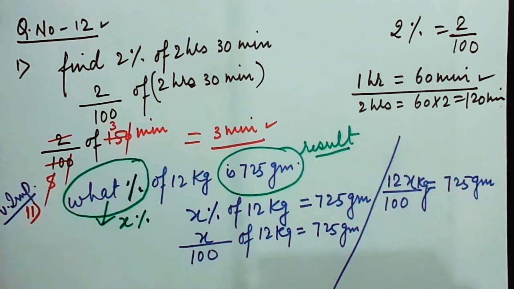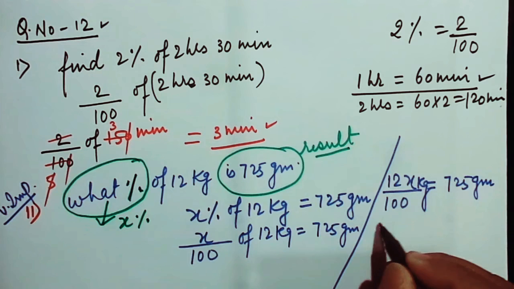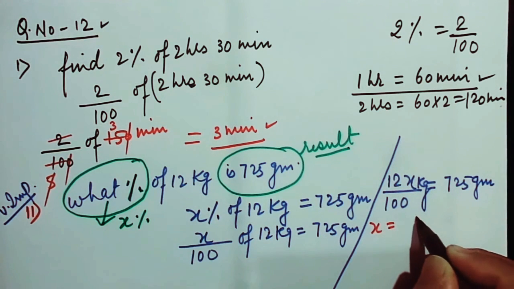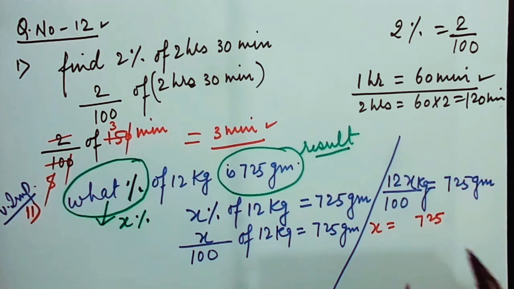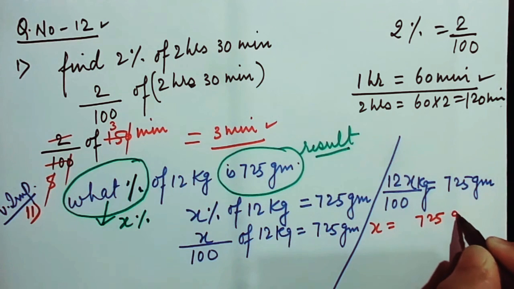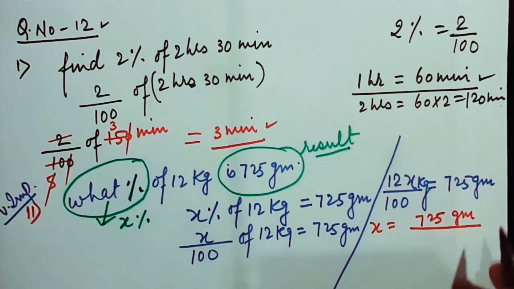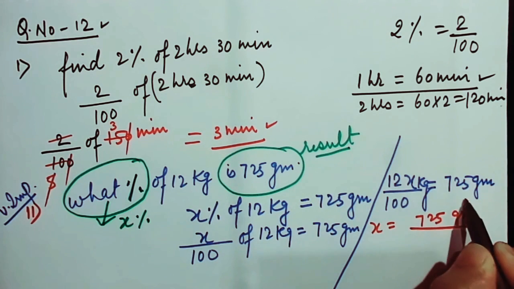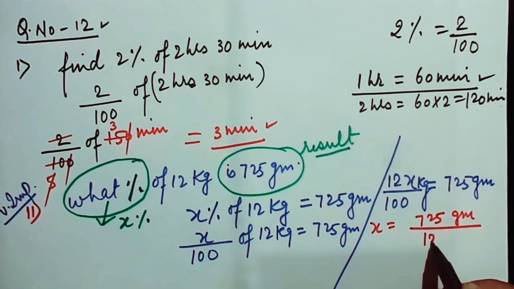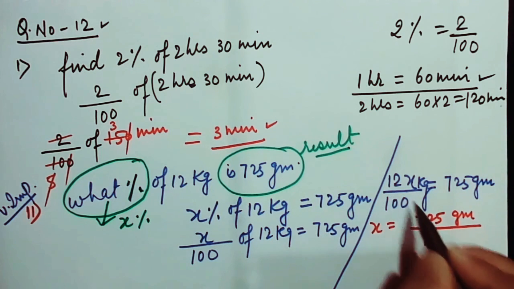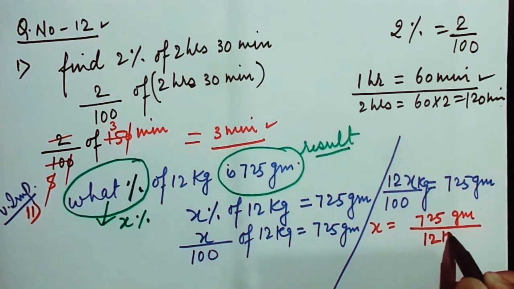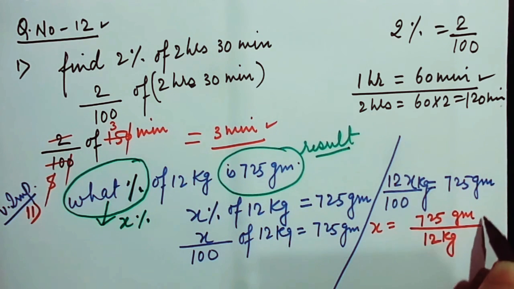Therefore, this x will be equal to 725 gram divided by 12. This 12 will come down, isn't it? 12 kg will come down, and 100 will be multiplied over here.